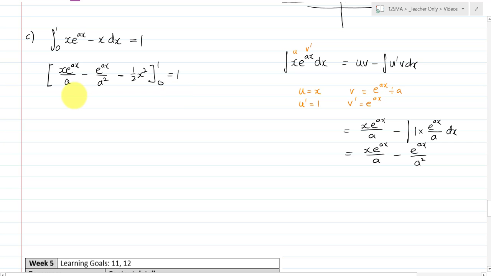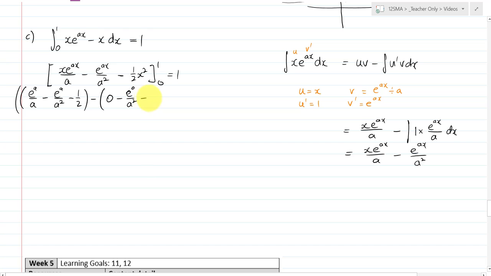We substitute in our 1 and 0 now, and I get e to the a over a minus e to the a over a squared minus a half, and I'll subtract from that what happens when I substitute in 0, which actually turns out to be 0 minus e to the 0 over a squared.